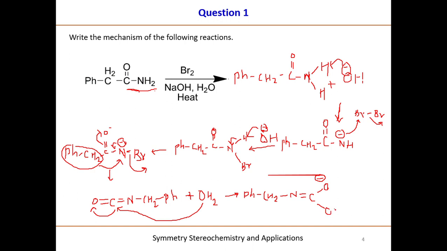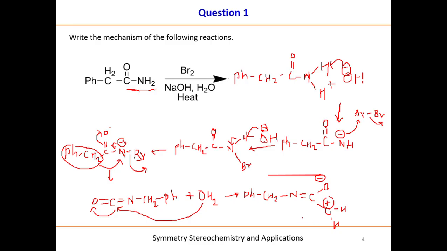We will get here this way. Positive charge will come over here. So this is called the intermediate formed by H2O attack here.